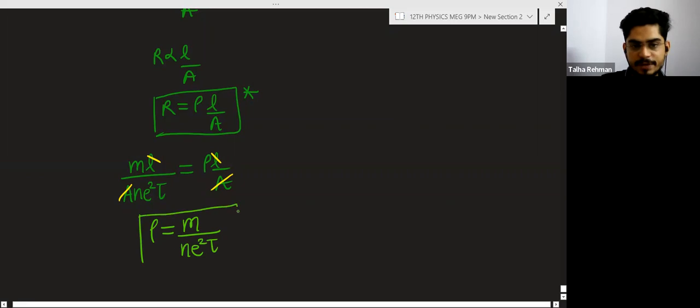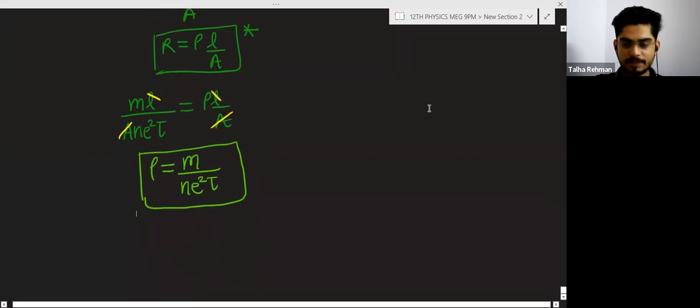See here, there is no area and length in the expression of rho, so rho is independent of length and area.